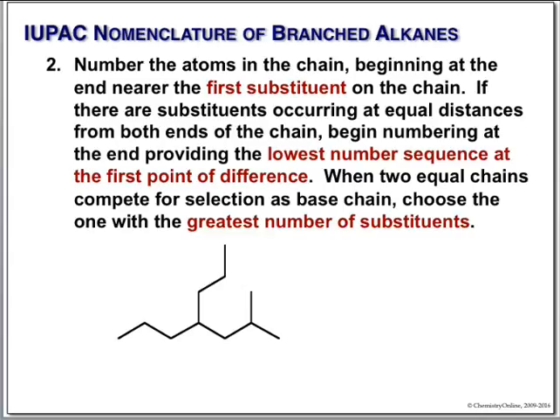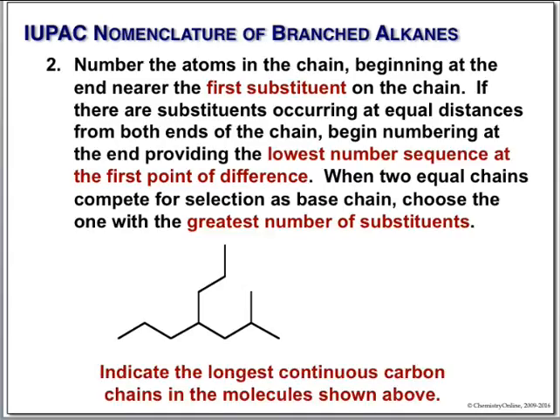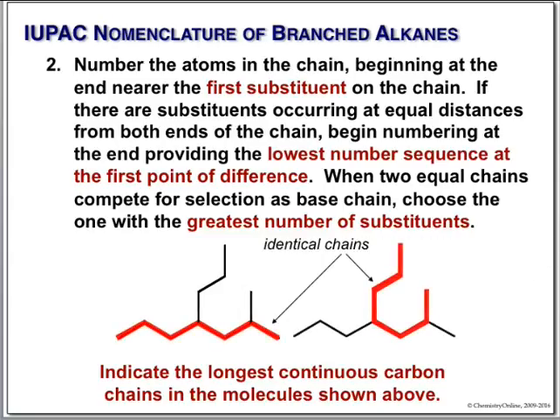So if we look at this guy, we can do 1, 2, 3, 4, 5, 6, 7, or 1, 2, 3, 4, 5, 6, 7. Two possible ones. Let's just draw 1 and 2. These are identical, aren't they?